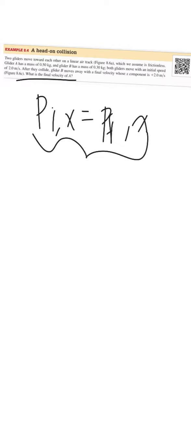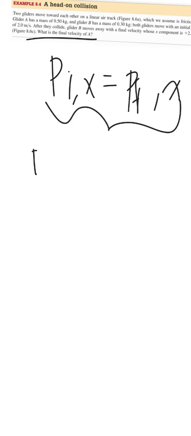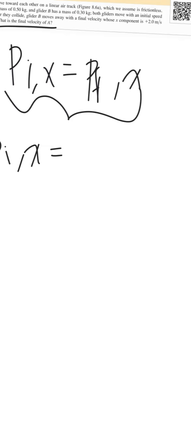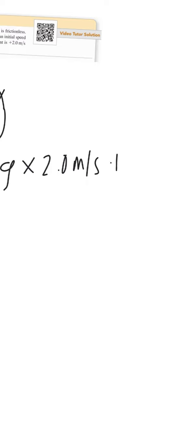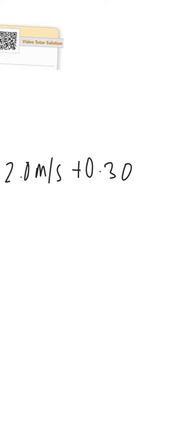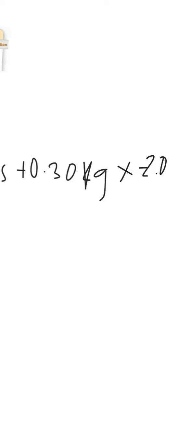So what we're going to do is first start with PIX. PIX in this case is 0.50 kilograms times 2.0 meters per second plus 0.30 kilograms times negative 2.0 meters per second.